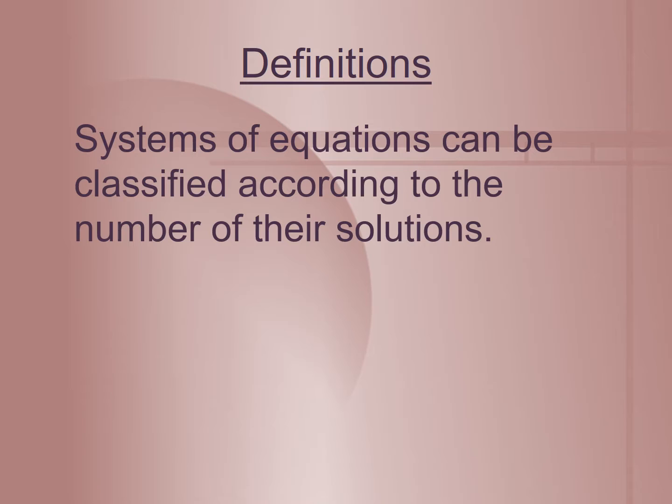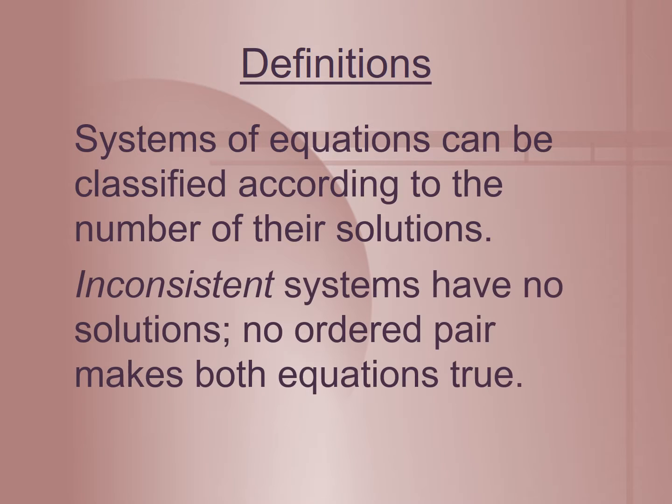Alright, so systems of equations can also be classified. The way that we classify them is according to the number of their solutions. Inconsistent systems have no solutions, so no ordered pair makes both equations true. That means there's no answer.